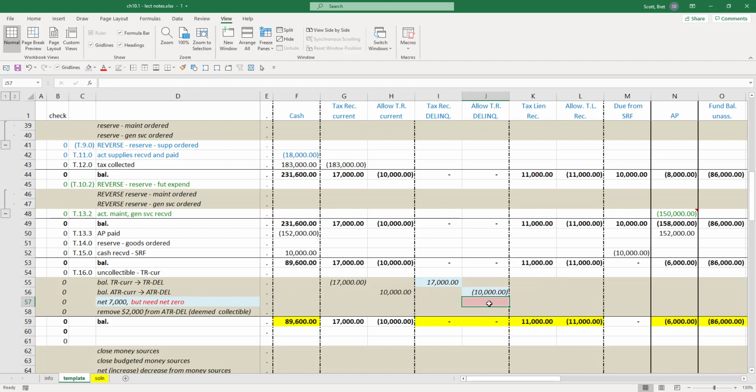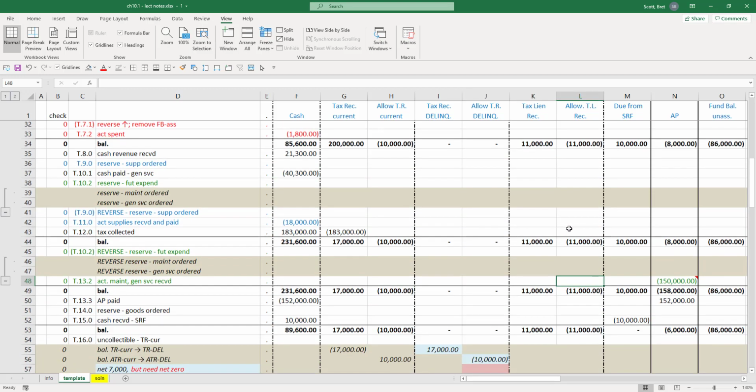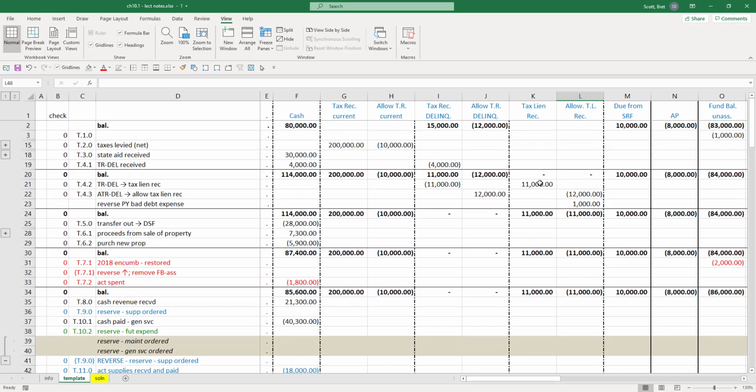So I'm going to do something that's kind of an excessive step here. I'm going to say, all right, if this stuff is delinquent, what would we need to include as part of this credit to the allowance account to make it fully reserved? Because recall from earlier, when we had the lien, we took delinquent tax receivables and we put them over into the tax lien receivable. We said, hey, let's go ahead and reserve for the full amount outstanding.